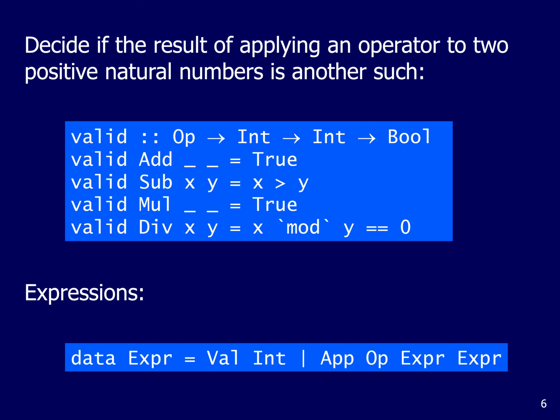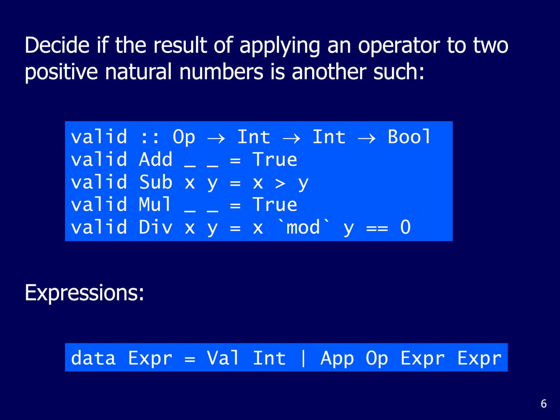So the trick in the division case is we check if, when we divide x by y and look at the integer remainder, that had better be 0. Mod is the function that uses integer division of x divided by y, and it gives you back the remainder. If that remainder is 0, then you know you've done a proper division and you haven't ended up with a proper fraction. So nice, simple 4-line declaration or definition.